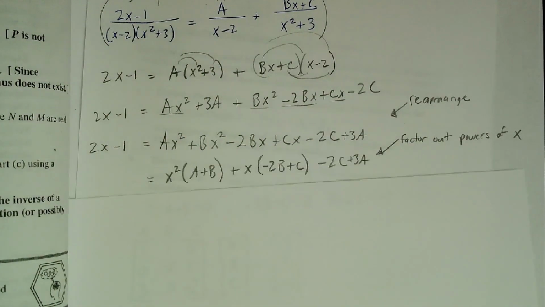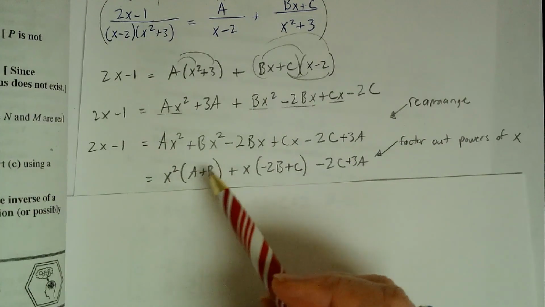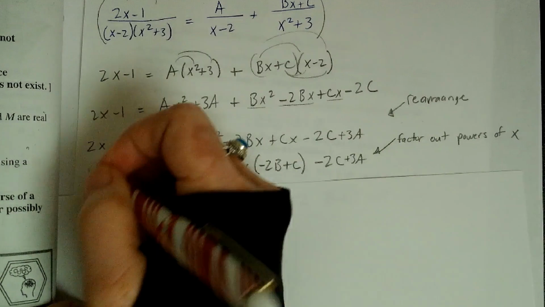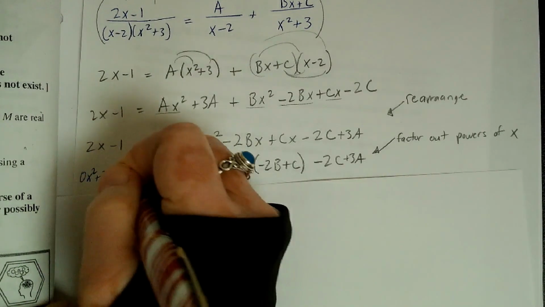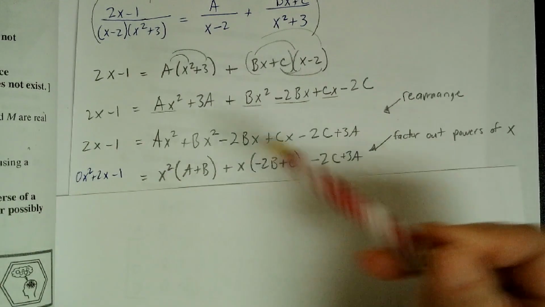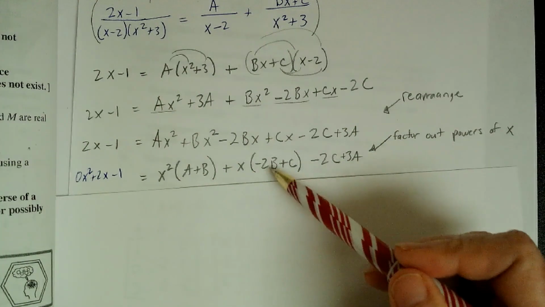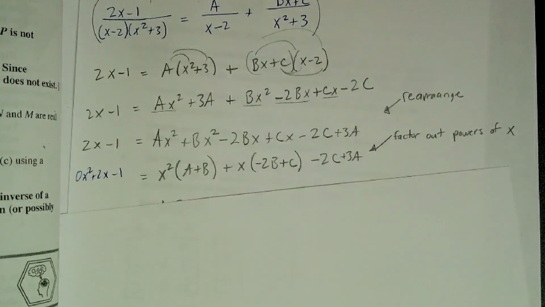And then I'm going to factor out the powers of x so that I know what the coefficient of x squared is. Because remember, this is 0x squared plus 2x minus 1. So now I know the coefficient of x squared is a plus b, and the coefficient of x is negative 2b plus c. And then these are the constants.